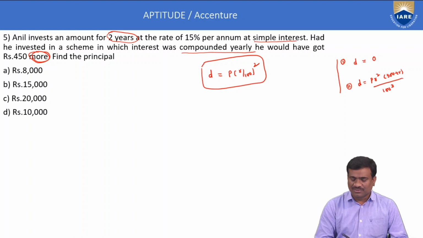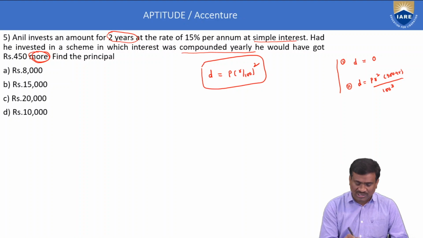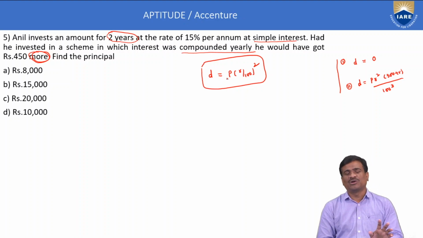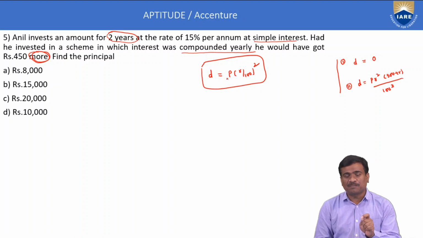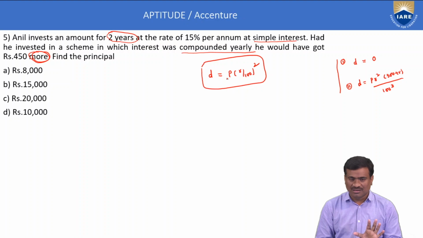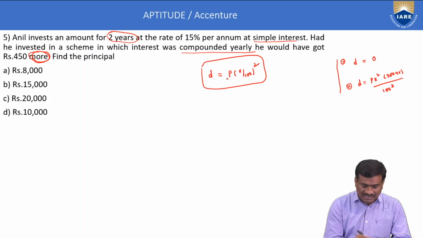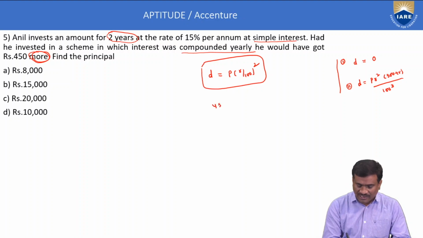Next, the difference between simple interest and compound interest for 2 years, D equals P into (R by 100) whole square, where D is the difference and P is the principal amount, R the rate of interest. Here the difference is 450. Find out P, the sum or principal amount.